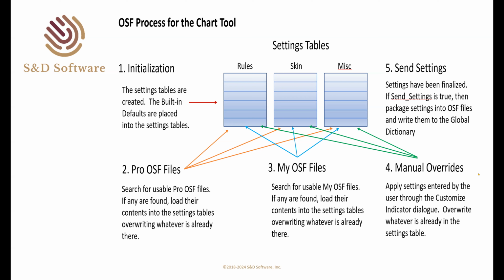So anything there that the user has entered manually has the highest priority, and that's going to replace whatever is in the corresponding entry in the tables. And that will be the value that's actually used. So at this point, after we've gone through step 4, we have essentially finalized the settings that are going to be used to process the chart that the tool was running on.